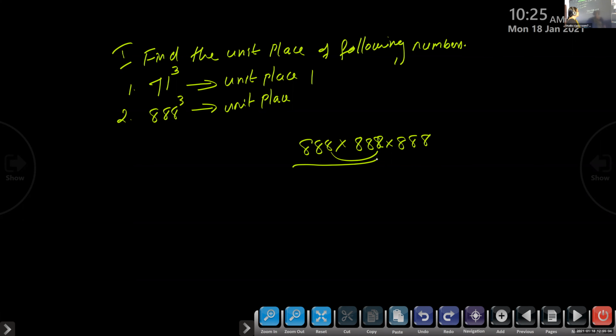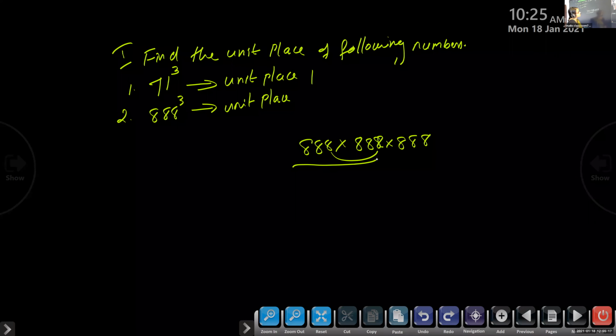What will the unit place be if we multiply 888 into 888? Unit place will be, Asin. What will that be? Asin, are you there?